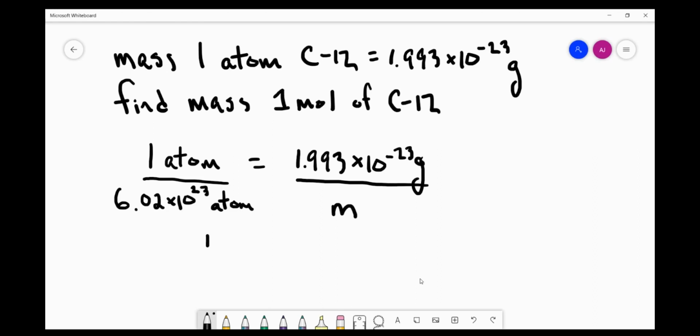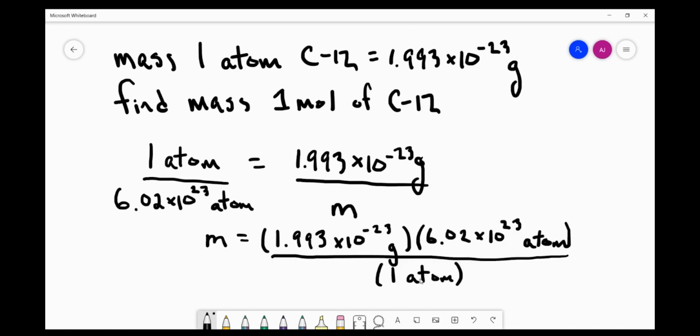So take a moment here and find that mass. Okay, solve for the unknown m. So I've rearranged the equation to solve for m. Now, you might be able to do that in your head, but I want to show you all the steps here. So here we have the rearranged equation. I'm just dividing by 1, so that's not going to change anything.